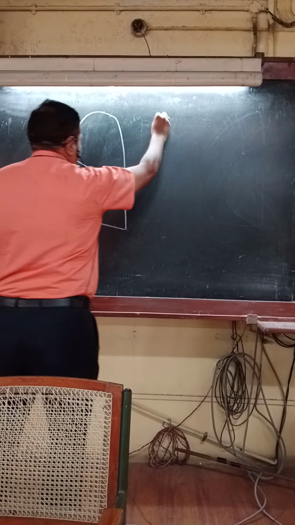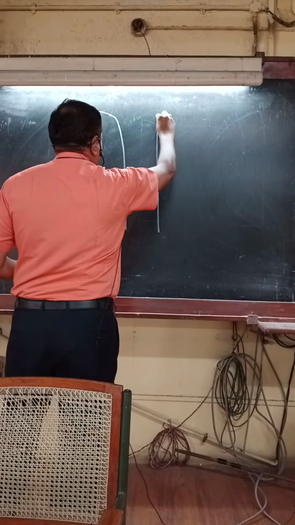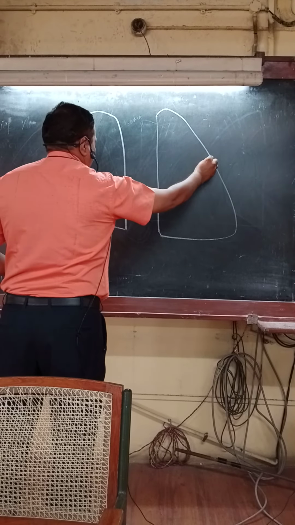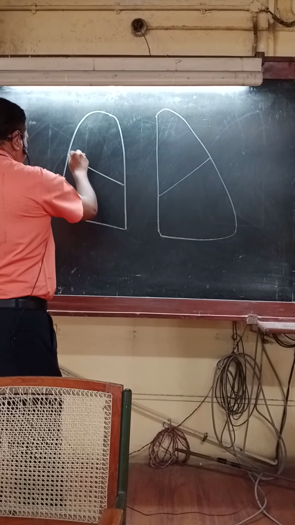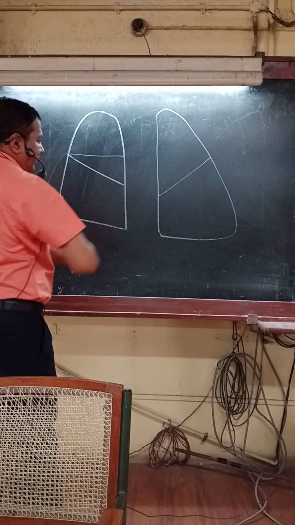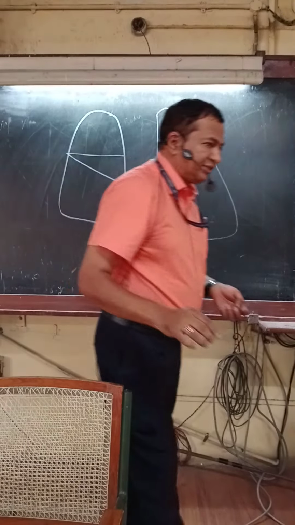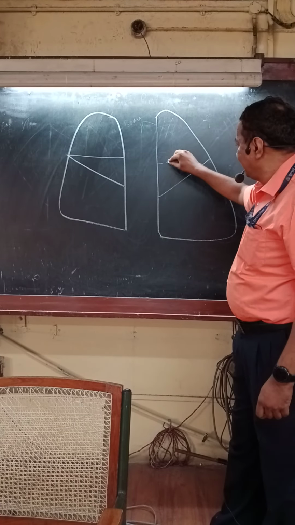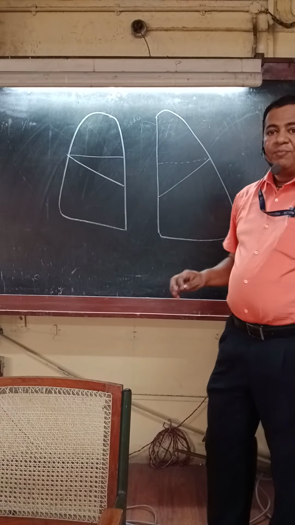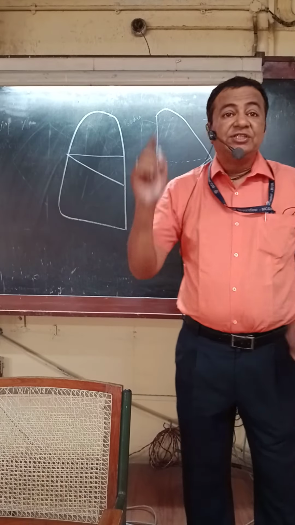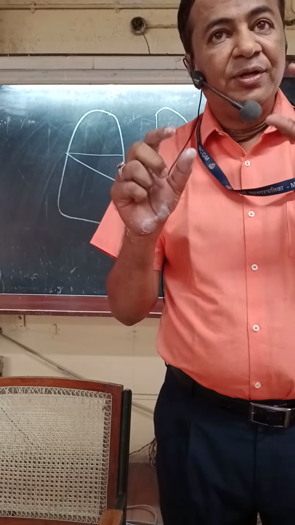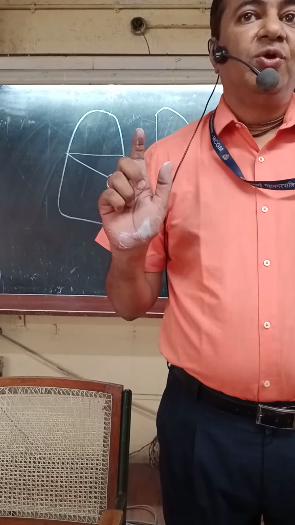Oblique fissure, left lung, oblique fissure, horizontal fissure, right lung. Left side there is no horizontal fissure, but still I am just drawing, because whether there is a horizontal fissure or not, each lung has an upper lobe, middle lobe and lower lobe.